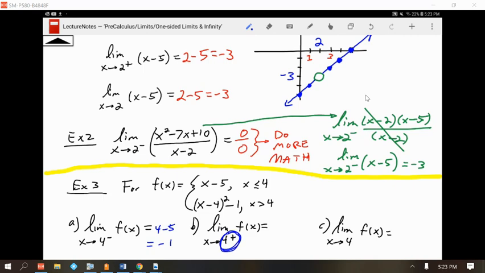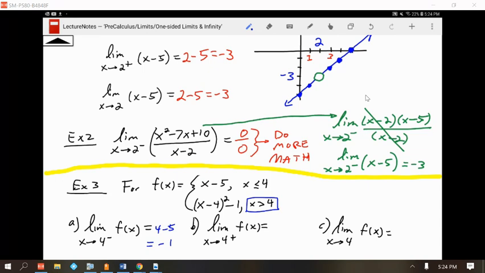Cool. Part B, what's the limit as I approach 4 from the right? Now the little plus sign means the right of 4. Right side of 4 would mean like 4.1, or 4.01, or 4.001. Those are all numbers greater than 4. So piecewise functions and one-sided limits kind of go together like a matched set, because one-sided limits mean you make sure you pick the right side, left or right, and piecewise functions usually pivot around that number that we're looking left and right of.